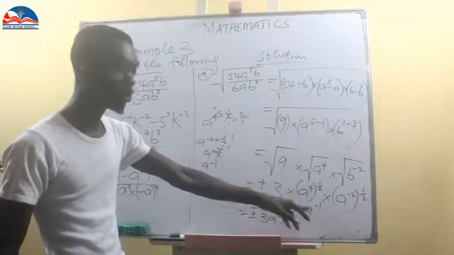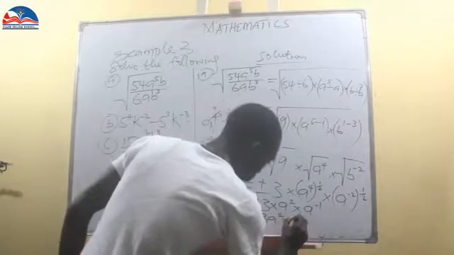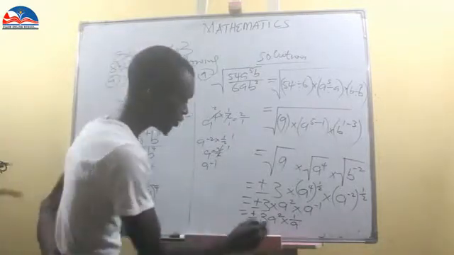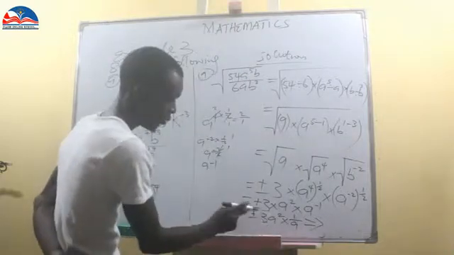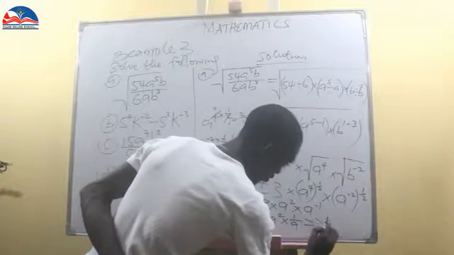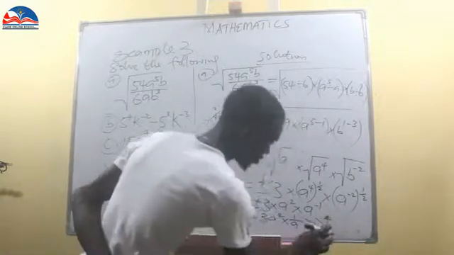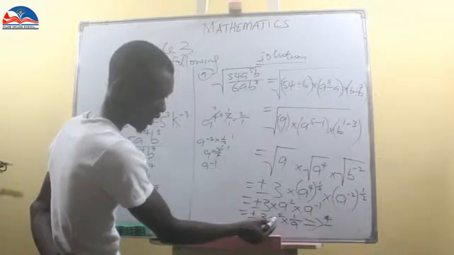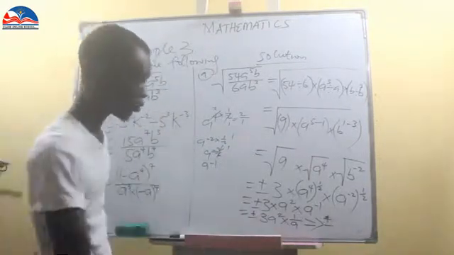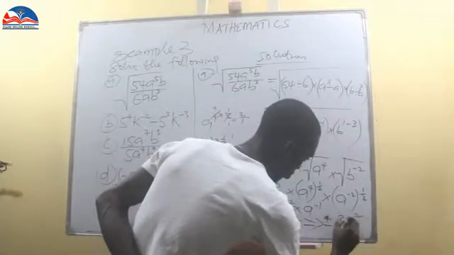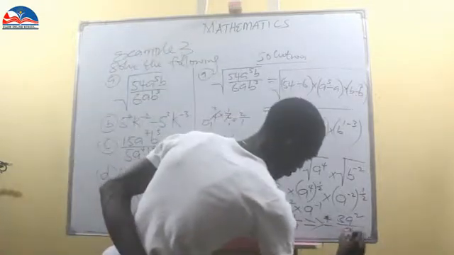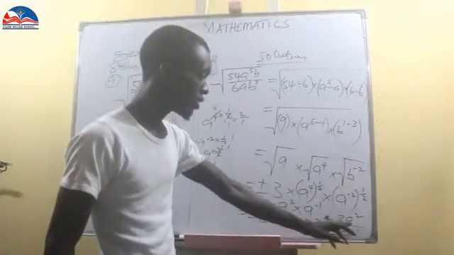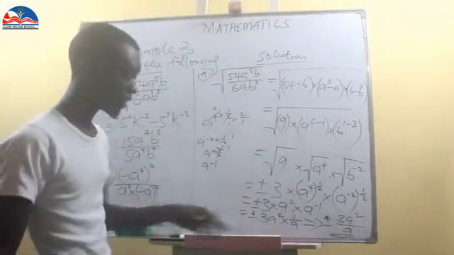When you put it in fraction, it will be 1 over A. So here, we want to have plus or minus 3A index 2 times 1 over A, which gives us 3A index 2 over A. So this is our answer: 3A index 2 over A.